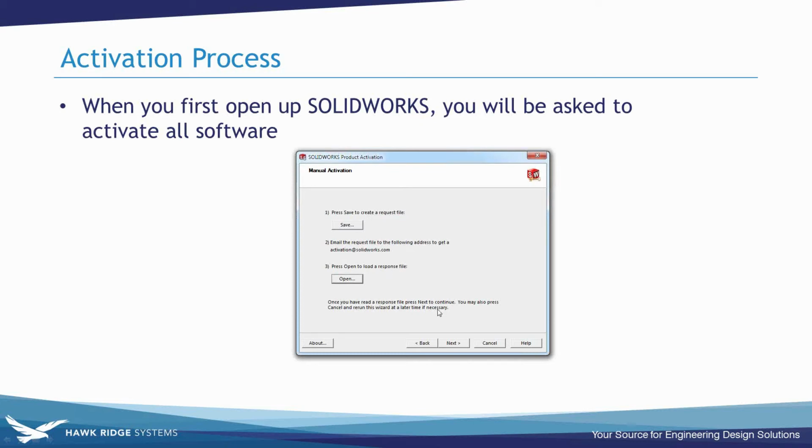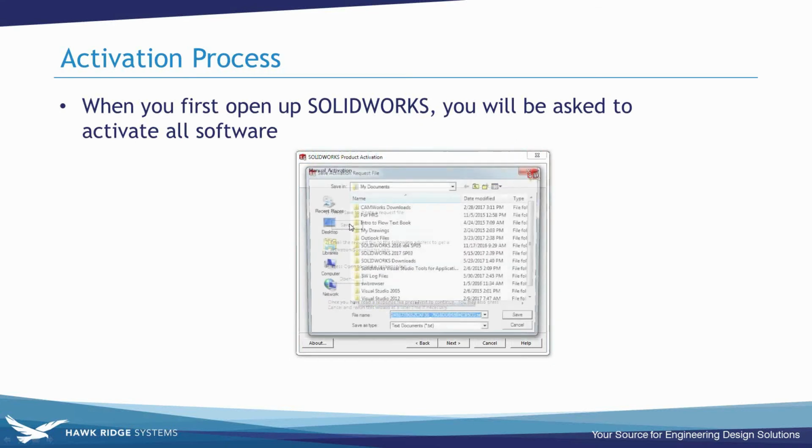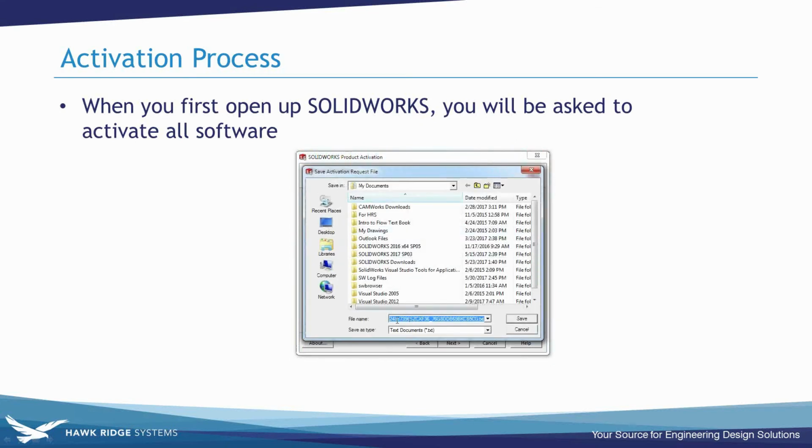Now, I don't have that text file, so you saw that error message, but this process does take longer than activating it over the internet. So just keep that in mind. It may take a couple of hours. So when you do decide to save out a request file to send to SolidWorks, make sure you don't edit the file name.